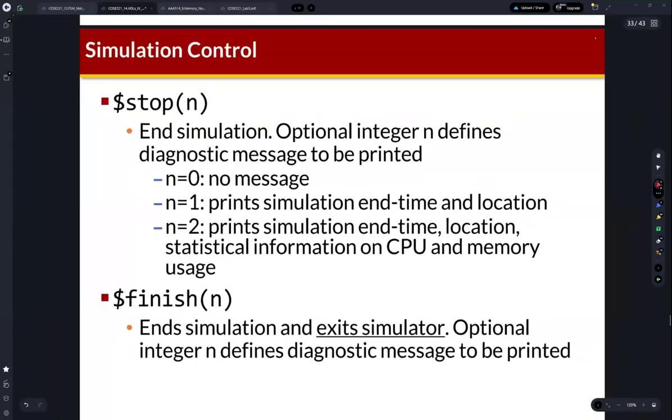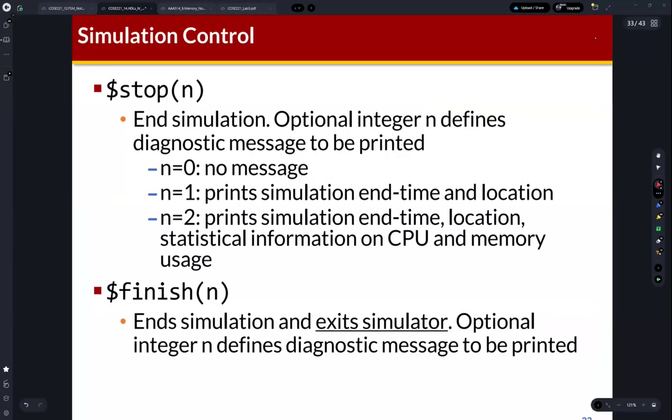Also, we can control the simulation. You can find the stop function and then the finish function here. These functions are used for stopping or finishing our simulation.